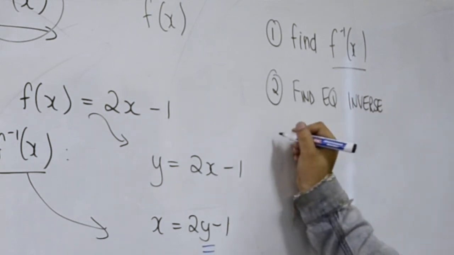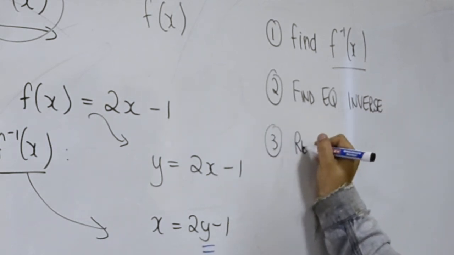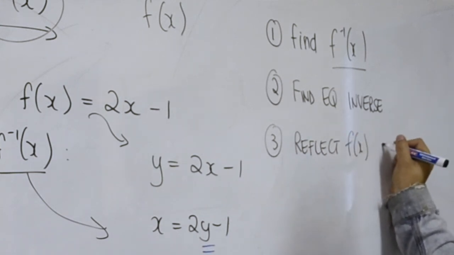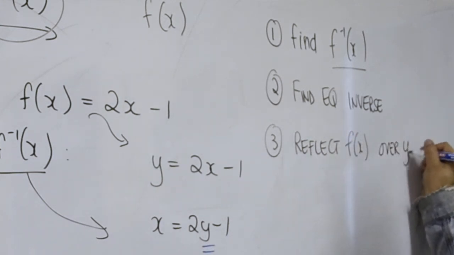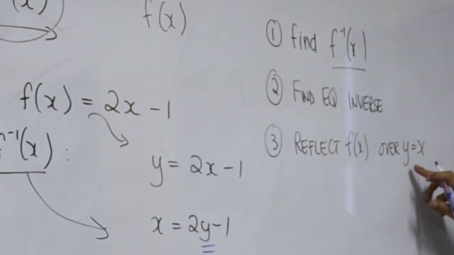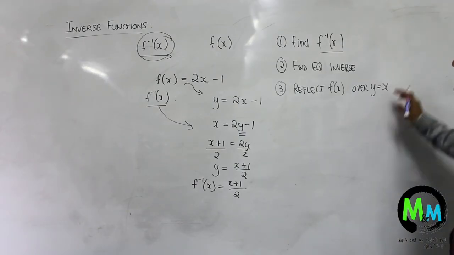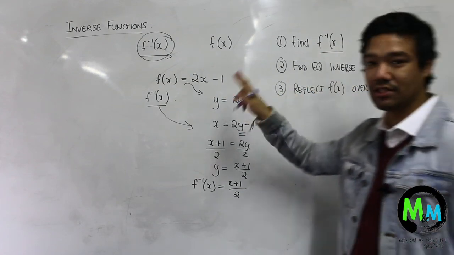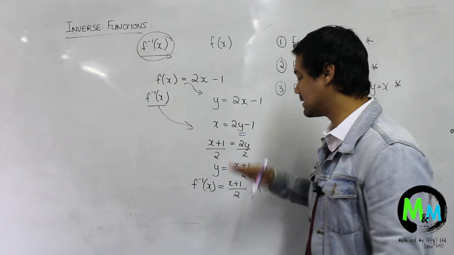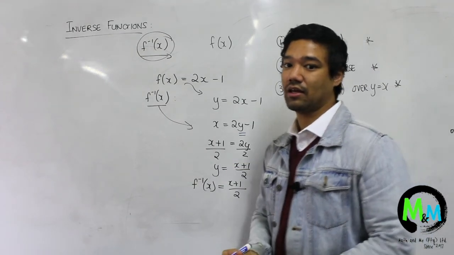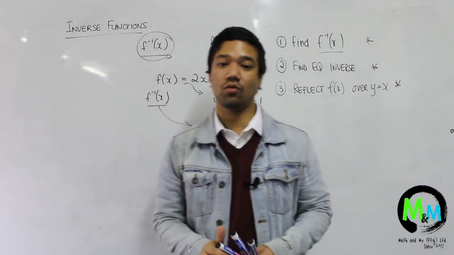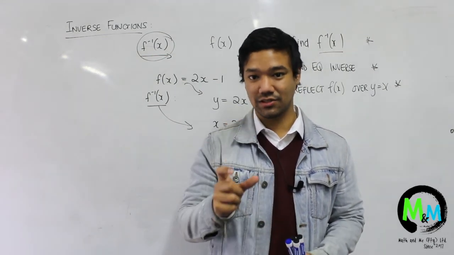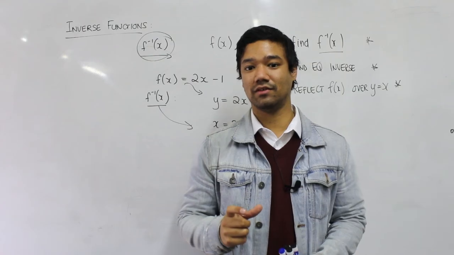And lastly, they might say reflect this function over the line y is equal to x, and remember, this is what we do when we're finding the inverse. Any one of these 3 things, we're doing the same thing: switching the position of x and y, rewriting in terms of y, and that will be finding the inverse. Next I'm going to chat about particularly exponential function inverses and parabola inverses.